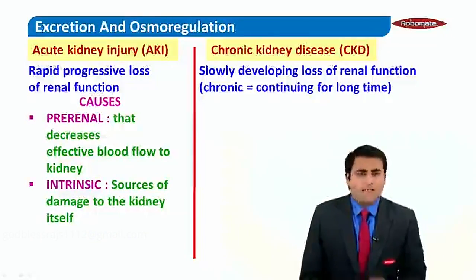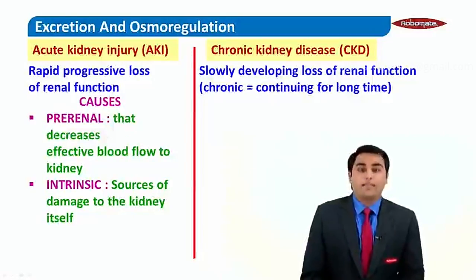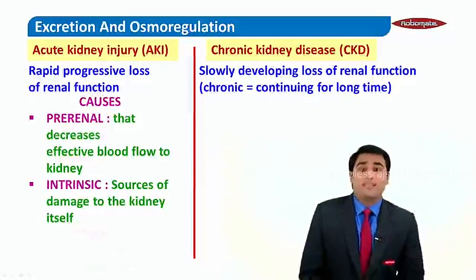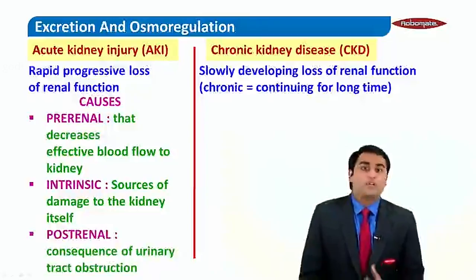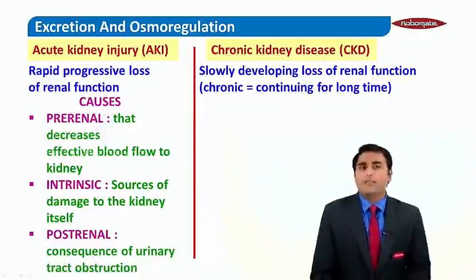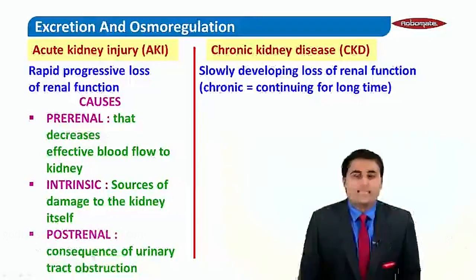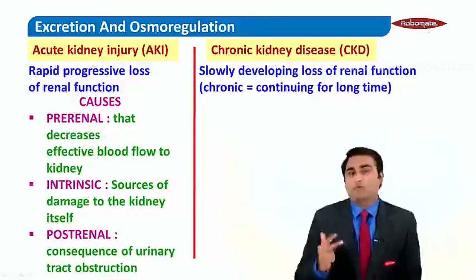There may be an infection, tumor or stone in the kidney affecting renal function. Or the cause may lie outside the kidney, that is urinary obstruction, such as a tumor, stone or infection in the ureter, urinary bladder or urethra. So acute kidney injury is classified in three types: pre-renal, intrinsic and post-renal.